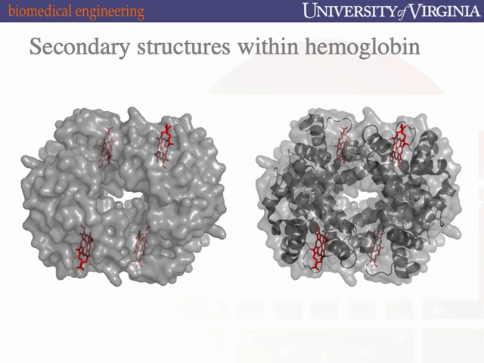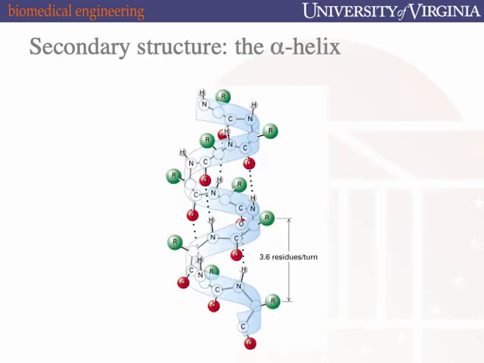Hemoglobin, I'm going to now take off the gray curtain and show the secondary structure of hemoglobin on the right-hand side. It is almost all alpha helical. This ribbon diagram, let me demystify this for you. We can show all of the individual side chains, the wire and the stick diagram, which is the white and the red and the green.